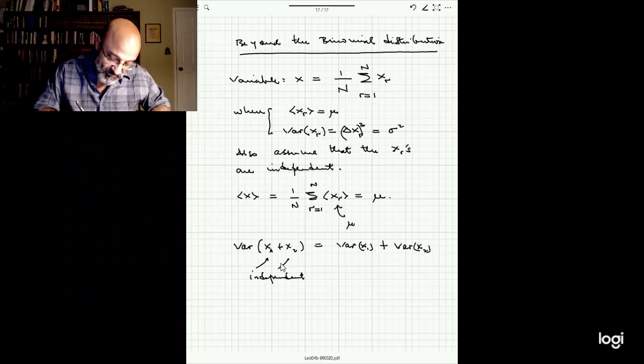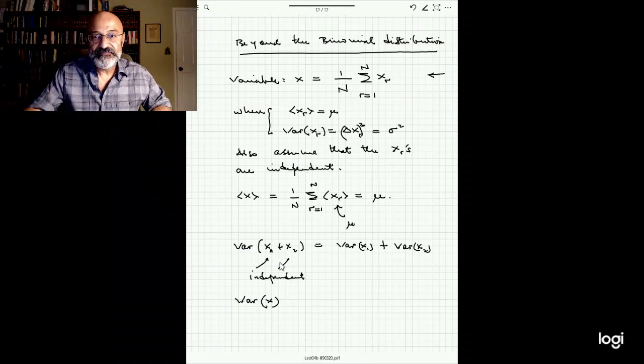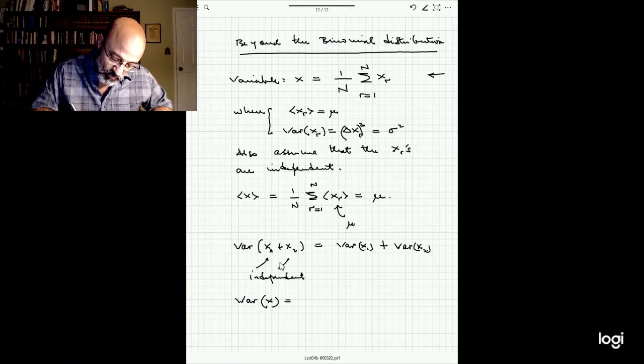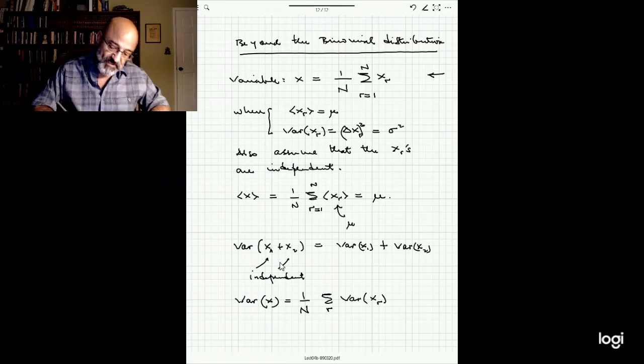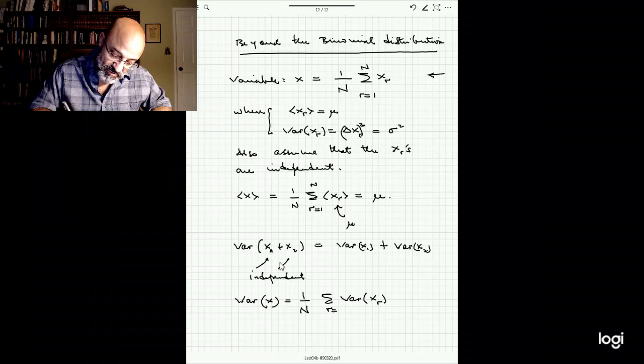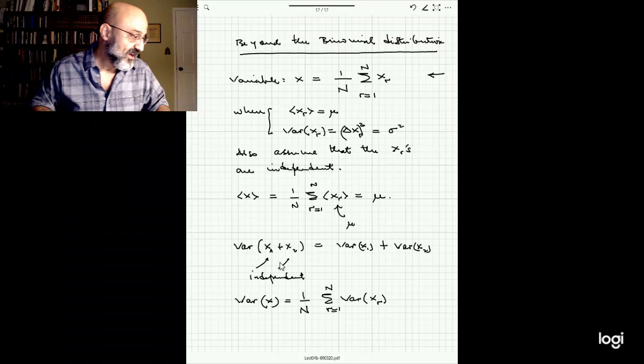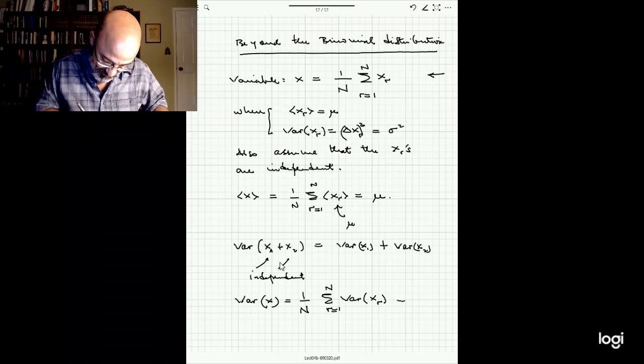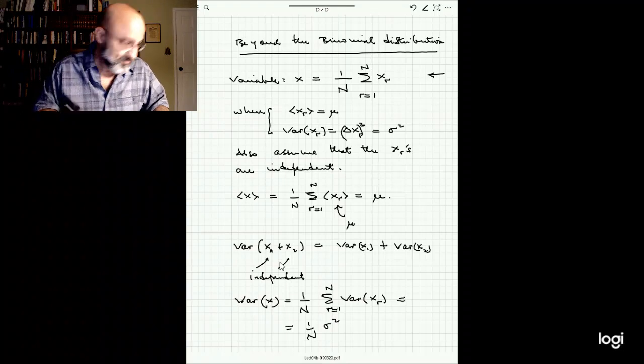Very good. When we do that, then the variance of x, the sum up here, is going to be the sum of the variances of each one of these variables, from 1 to n. Let me see, am I doing this right?